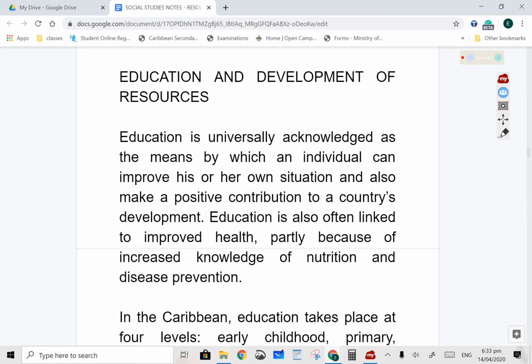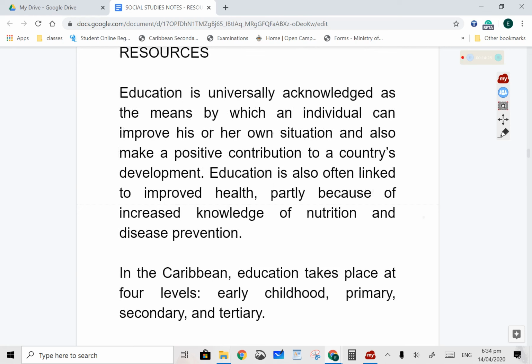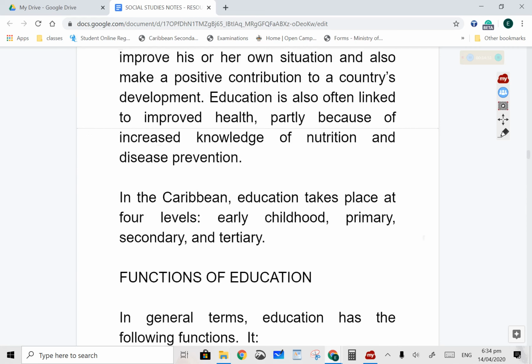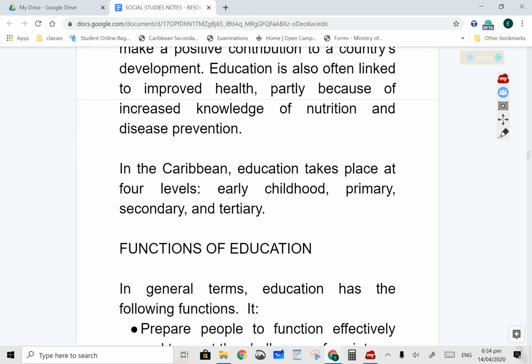So education is universally acknowledged as the means by which an individual can improve his or her own situation and also make a positive contribution to a country's development. Education is also often linked to improved health, partly because of increased knowledge of nutrition and disease prevention. In the Caribbean, education takes place at 4 levels: early childhood, primary, secondary, and tertiary.